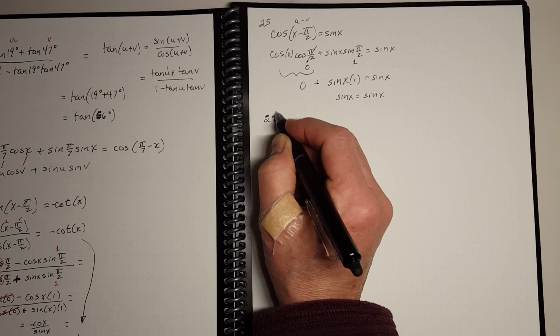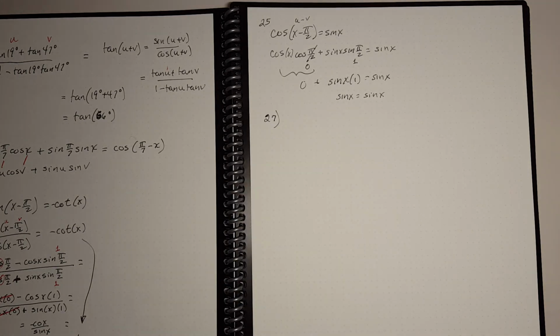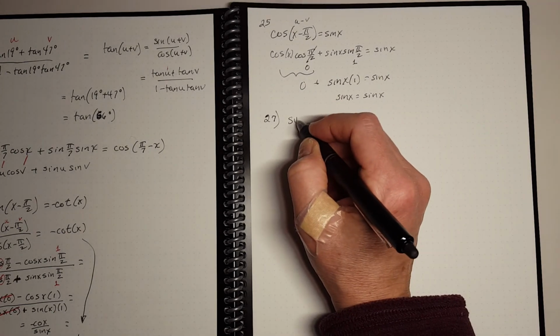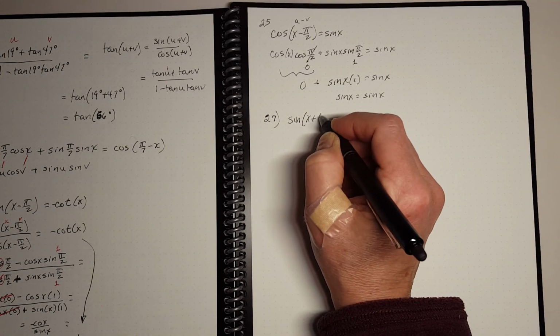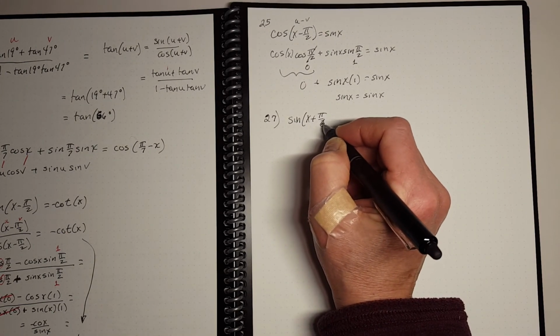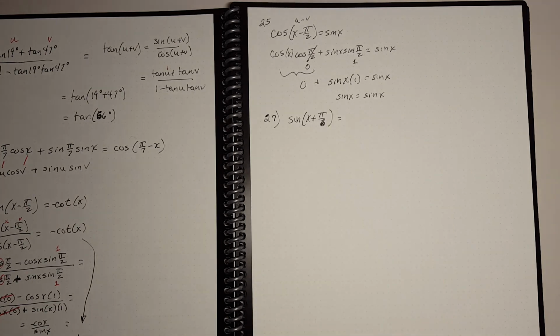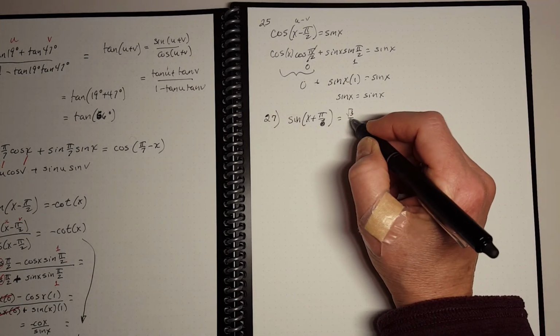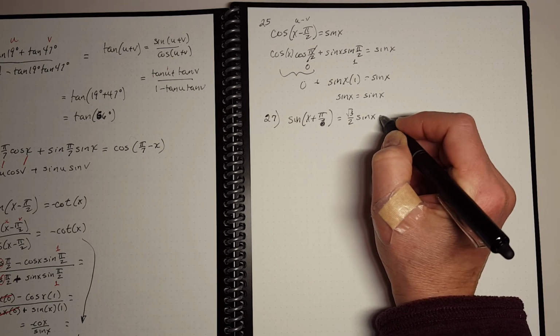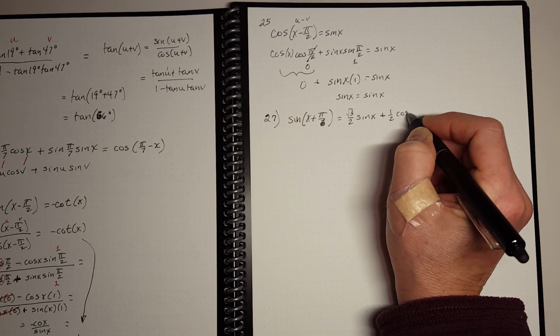We have 27. The proof says sine of x plus pi over 6, and we're trying to prove that that equals root 3 over 2 times the sine of x plus 1/2 times the cosine of x.